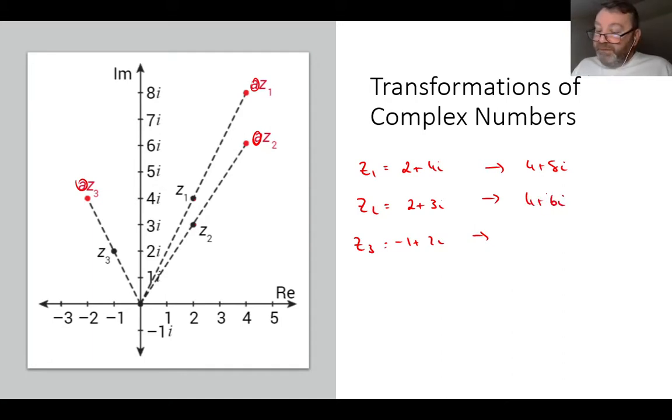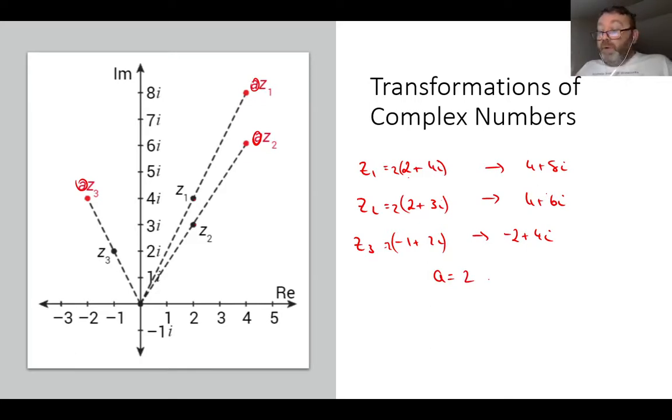And lastly, Z3 has gone from minus 1 plus 2i as far as minus 2 plus 4i. Now it's very clear to see 2 plus 4i up to 4 plus 8i. That's been multiplied by 2, and that's been multiplied by 2, and that's been multiplied by 2. So in this situation here, we've discovered that a is 2.